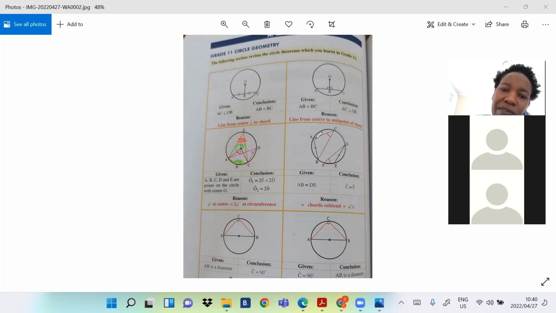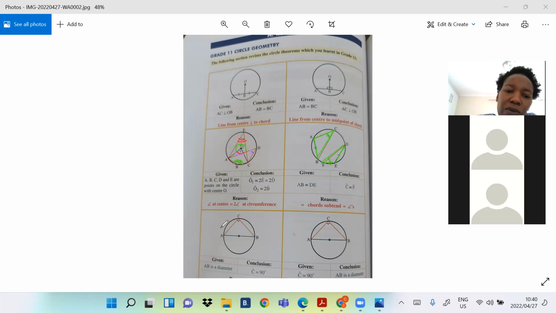If this chord is equal to that chord, the angles that they form will be equal also. F and C will be equal because they are formed by equal chords.